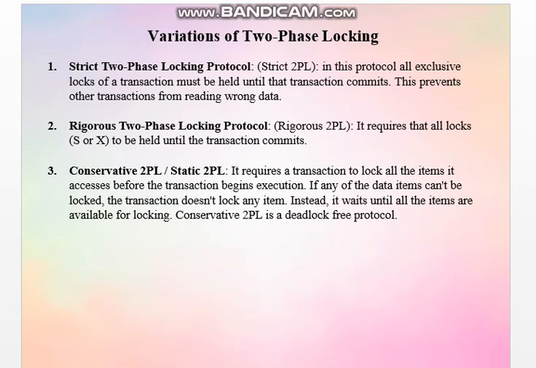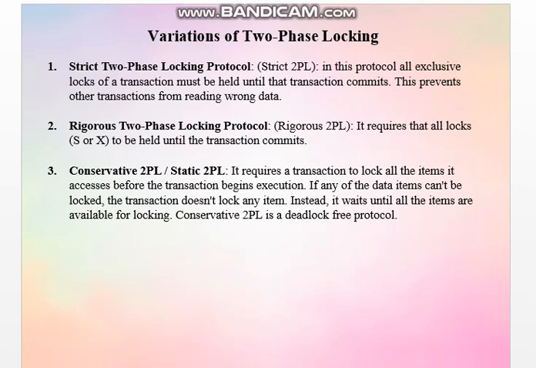To avoid this situation, we come up with another variation of the two-phase locking protocol, called the conservative or static two-phase locking protocol. This protocol says that the transaction will never start; it will only start when it occupies all the locks, whether shared or exclusive. If any of the data items can't be locked, the transaction doesn't lock any item.